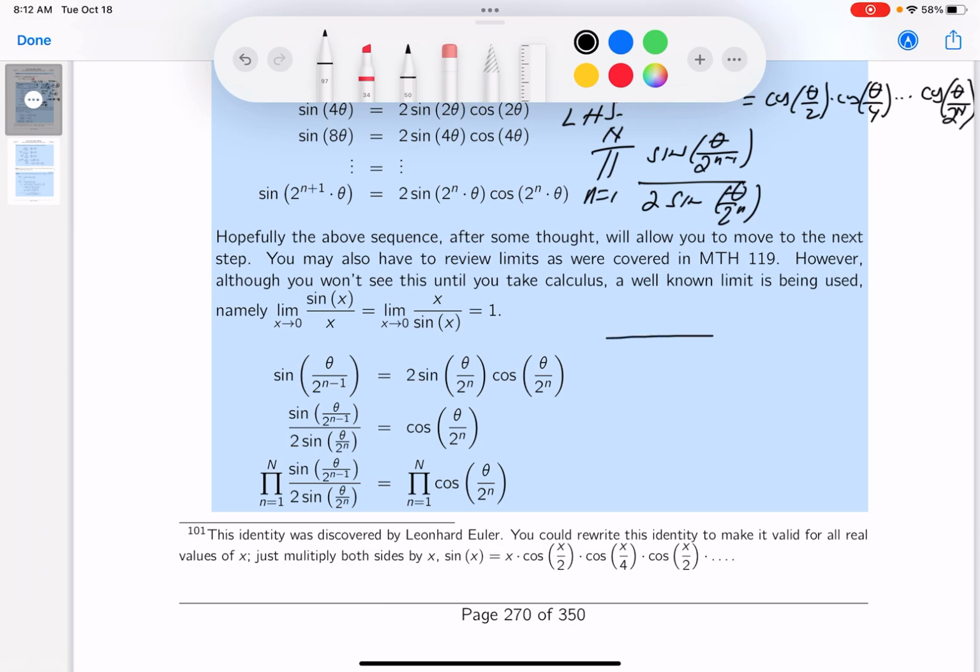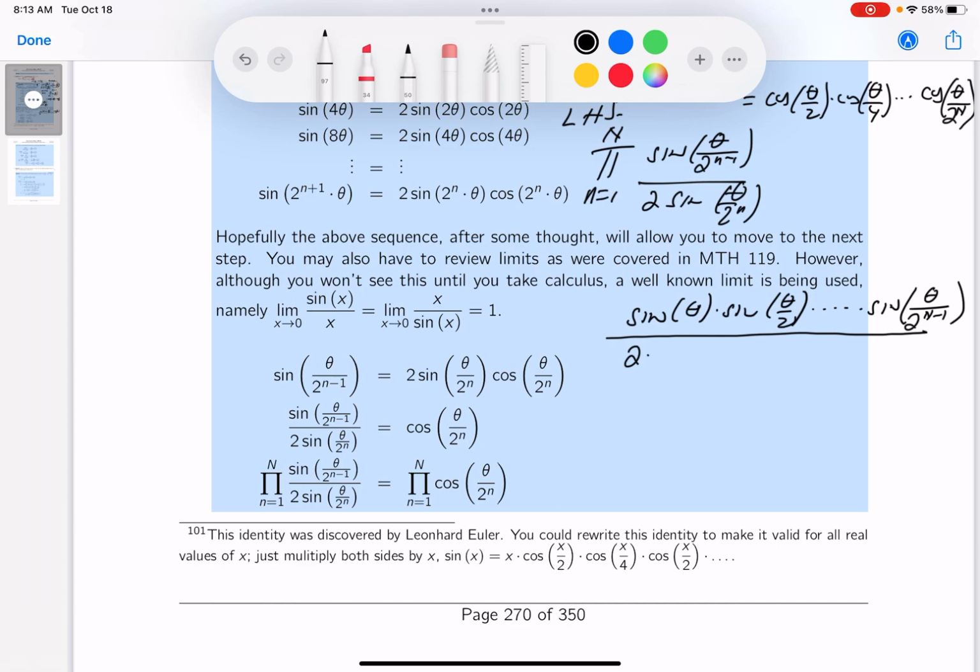There's a top and a bottom to that. So the top in the product is going to be sine of theta, I'm starting at 1, times sine theta over 2, and so on, and where's it going to stop? At the sine of theta over 2 to the big N minus 1.